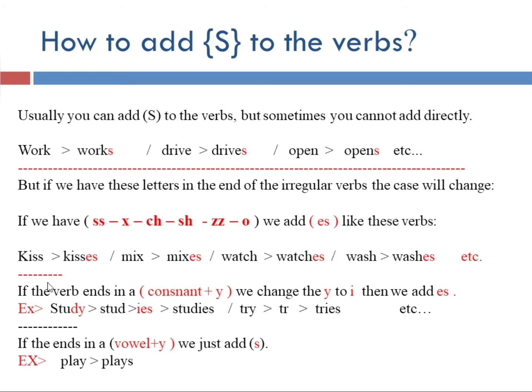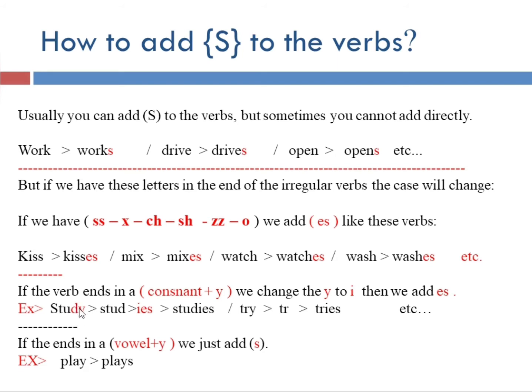So if the verb ends in a consonant plus y, consonant meaning it's not a vowel, we change the y to i, then we add es, not s. So see these examples. We have study.